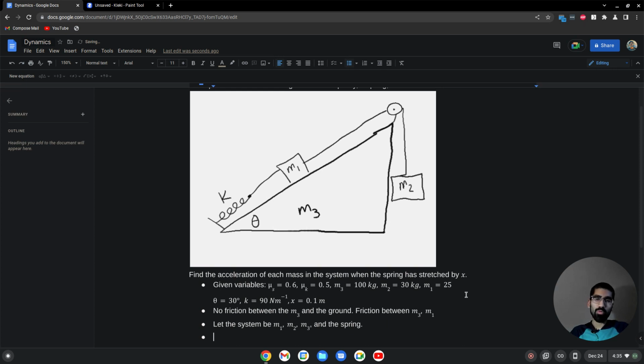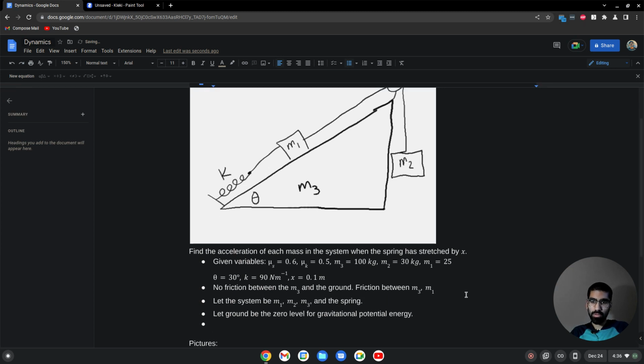We don't know yet if we're going to use conservation of energy, so we also want to define that let the ground be the 0 level for gravitational potential energy. To use our kinematics equations, we're not going to use kinematics equations, but in general, let's think about which restrictions we need to place to use our equations.